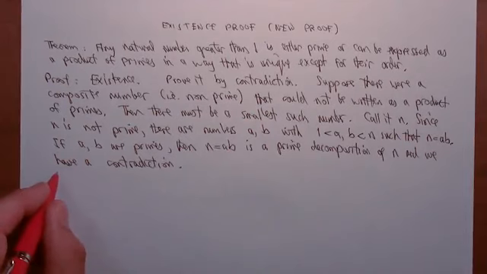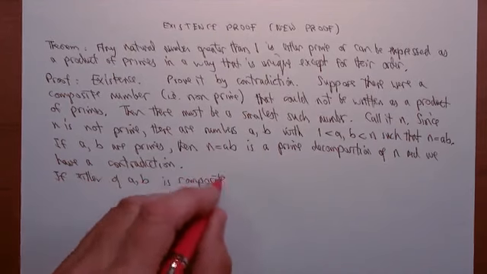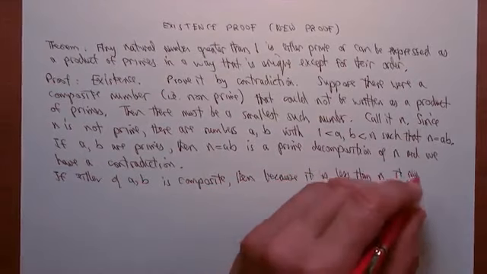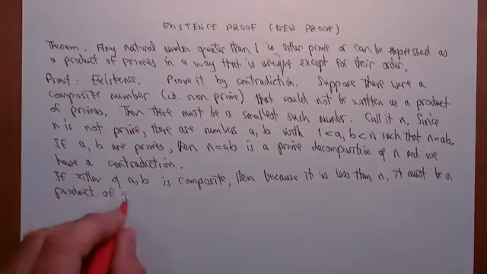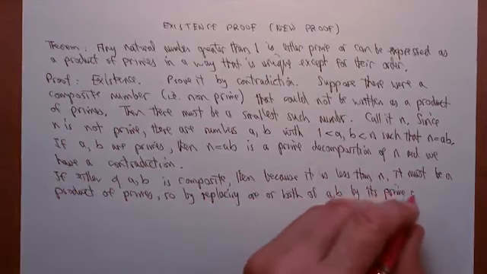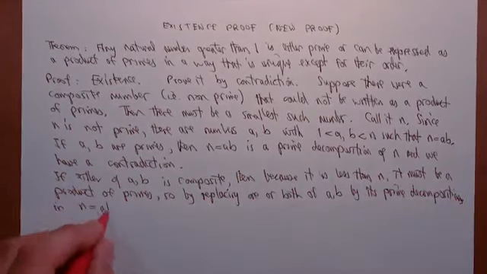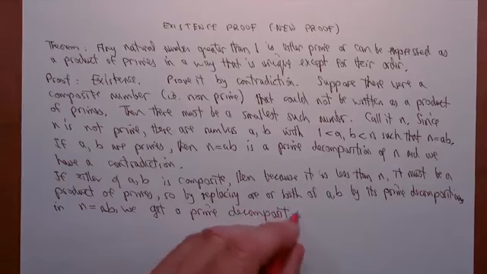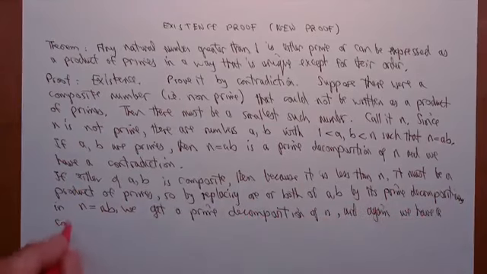Well, if it's not the case that a and b are primes, then at least one of them must be composite. But if either of a, b is composite, then because it's less than n, it must be a product of primes. So by replacing one or both of a, b by its prime decomposition in n equals ab, we get a prime decomposition of n, and again we have a contradiction.